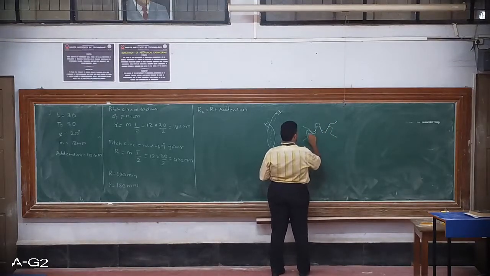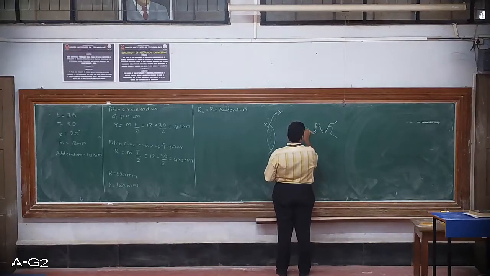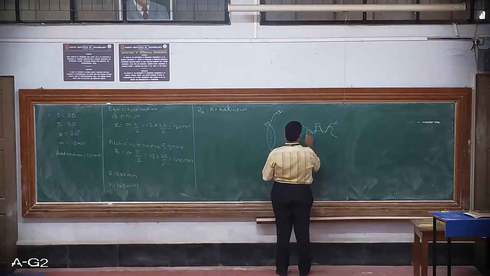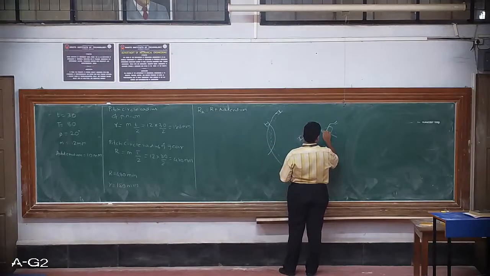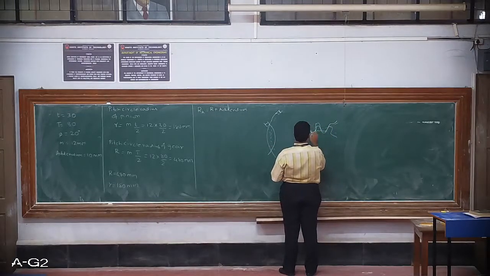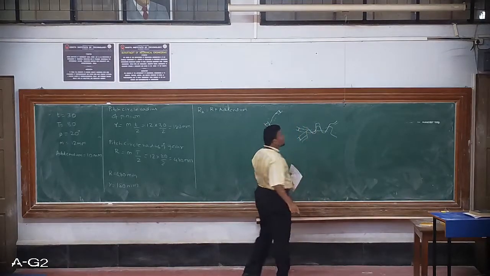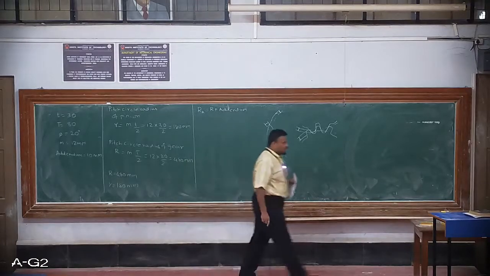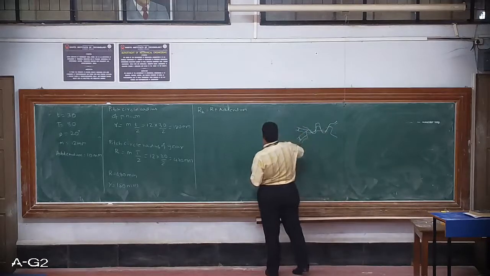Suppose this is the pitch circle and this is the pitch circle, this addendum, this distance, and here we have the addendum for this gear, so both will be equal. Is that clear? So that is the difference between addendum circle radius and addendum.